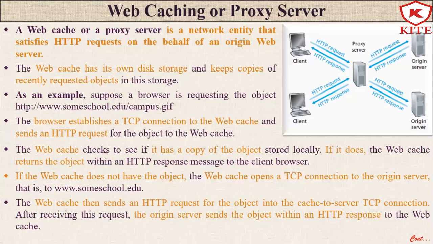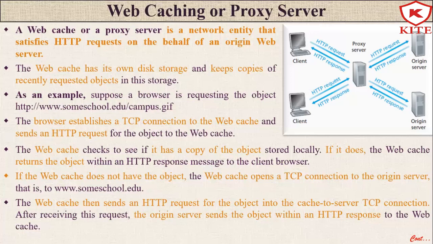If the web cache does not have the object, the web cache opens a TCP connection to the origin server, www.someschool.edu. The web cache then sends an HTTP request for the object over the TCP connection, and after receiving that request, the origin server sends the object with an HTTP response.